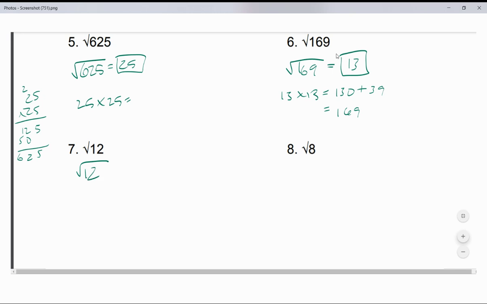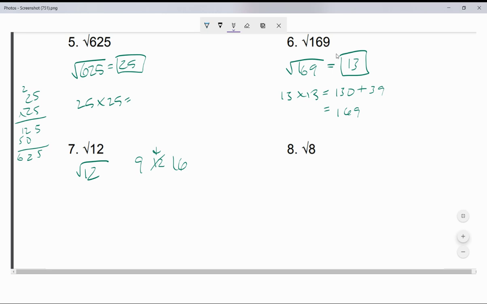Square root of 12. And for 12, there is no clean break from this. It's not like 3 times 3 is 9, right? 4 times 4 is 16. But there is no root for 12 unless you do it the messy way.